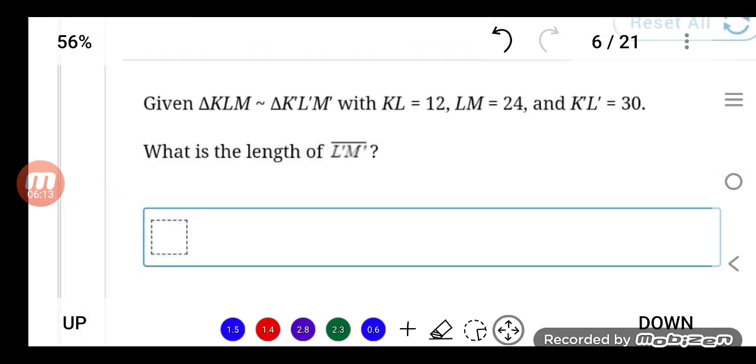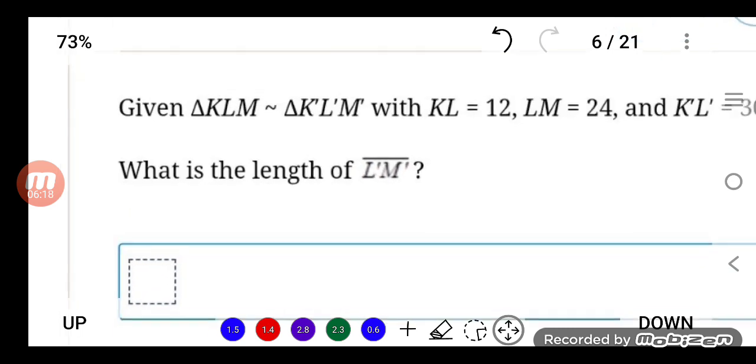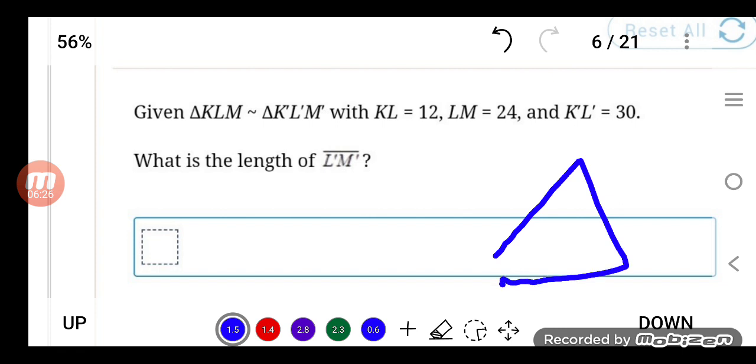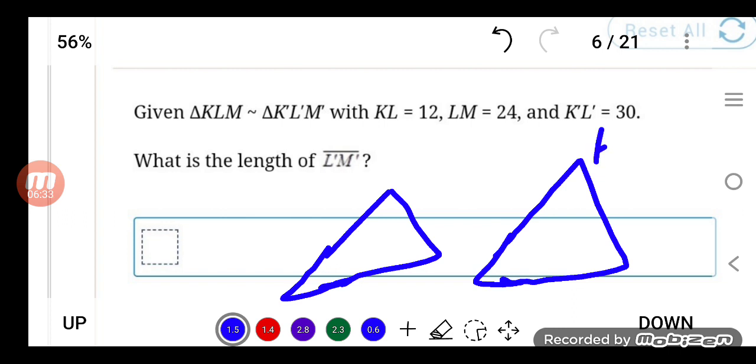Given triangle KLM is similar to triangle K prime, L prime, M prime, and you are given some lengths. Let's draw the triangles. Here you have the first one and the second one. Two triangles, K, L, M. That's the first triangle.